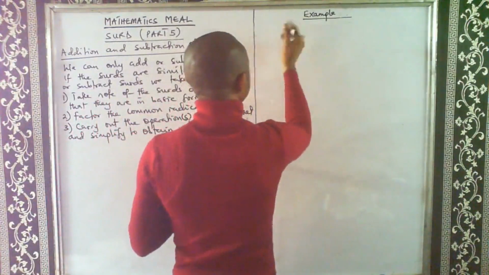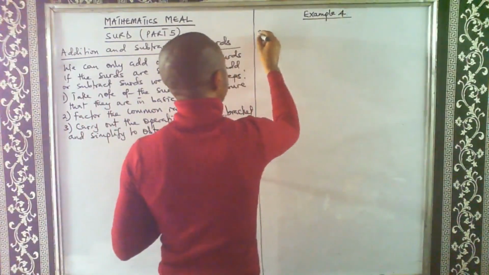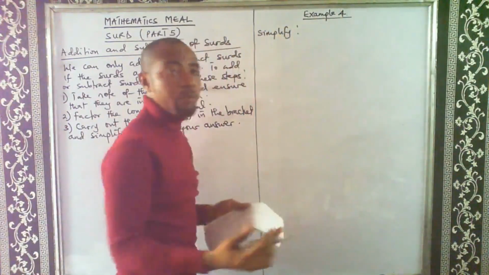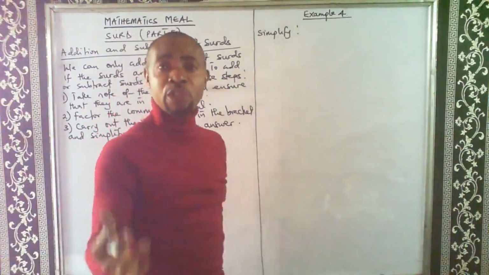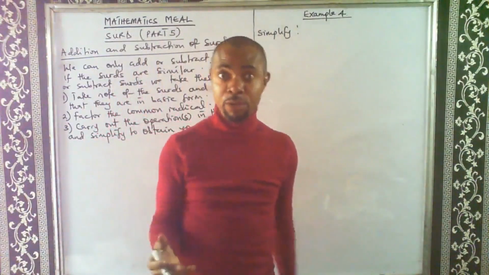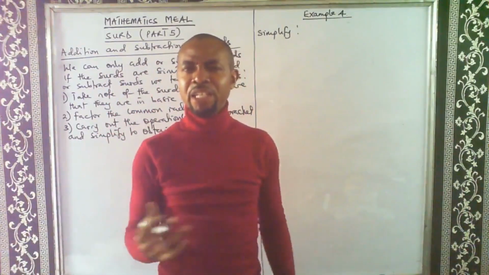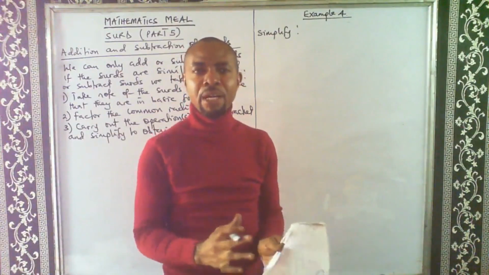Okay? We have example 4 now. It says simplify or evaluate. Remember, there is no mathematics called simplify and there is no mathematics called evaluate. Sometimes students say, I don't know how to solve this math, they call simplify. Wow, there's no mathematics we call simplify. Simplify is just an English word. Just reduce this, make it simpler.